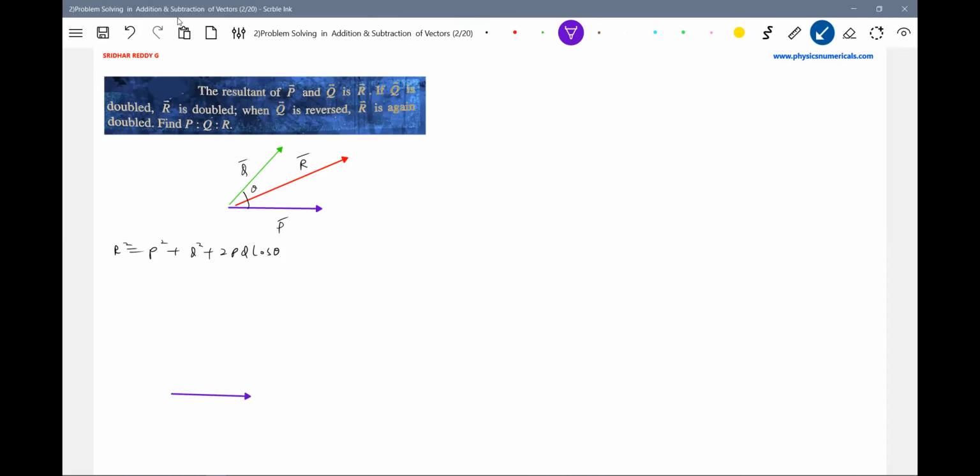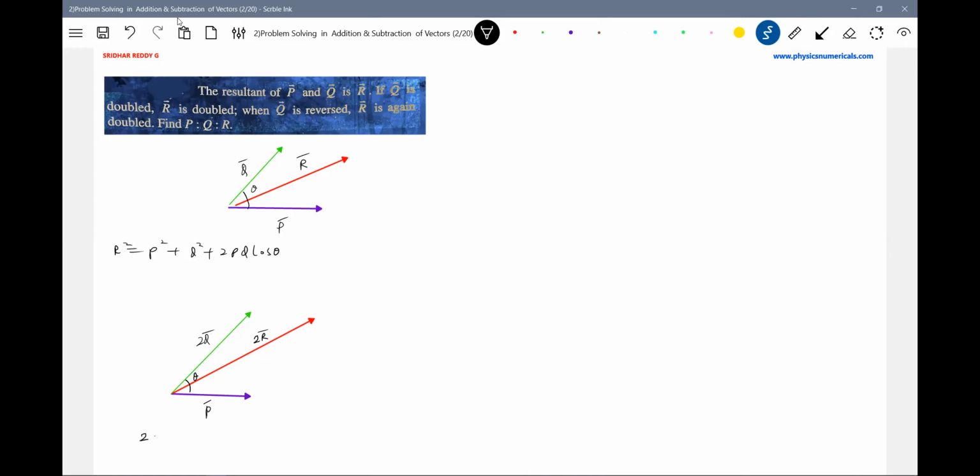The Q will be doubled here. I doubled it, and now proportionally the R will also get doubled, so we have 2R bar, 2Q bar, and as usual P bar. The angle between the vectors will not change. That's the condition given.